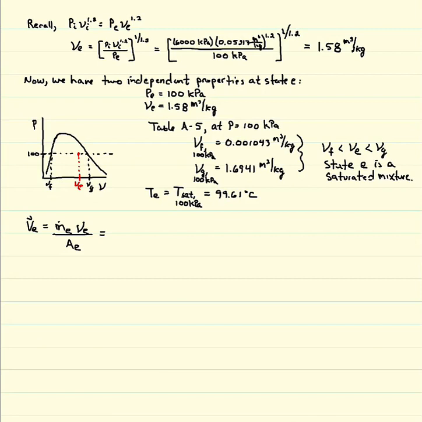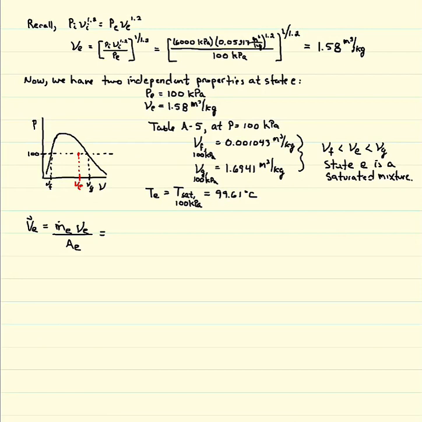And I know all these values. We already established that the mass flow out is equal to the mass flow in based on steady state conservation of mass. We've just determined the exit specific volume, and the exit area was given to us in the problem statement.